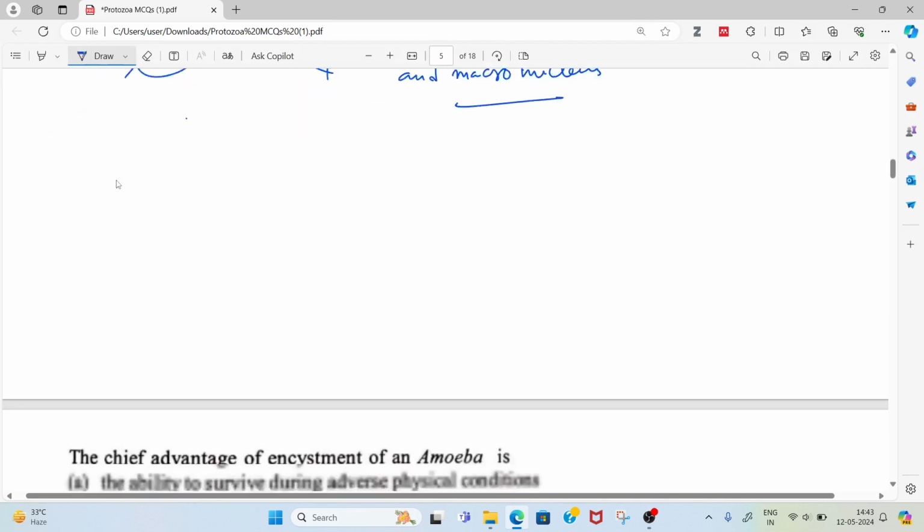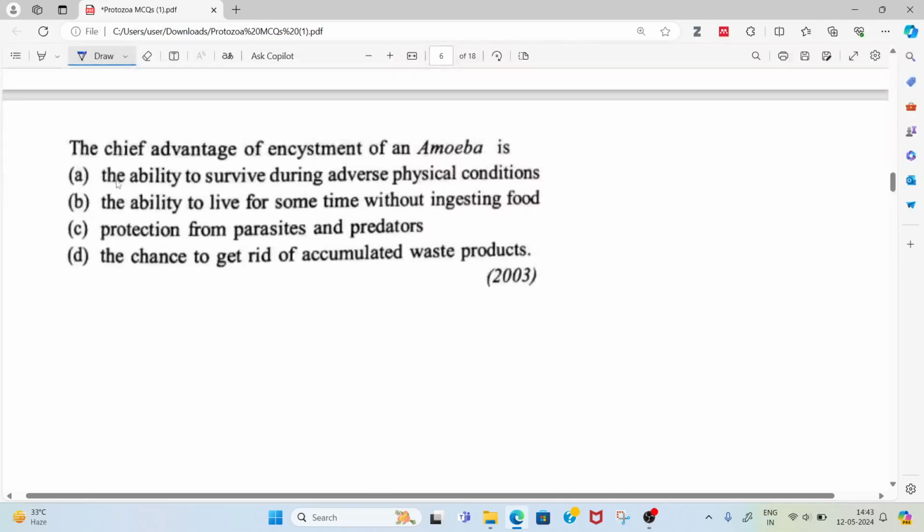So next question: the chief advantage of encystment of an amoeba is... The four options are given, so you have to choose the correct answer. Option A, the ability to survive during adverse physical conditions.